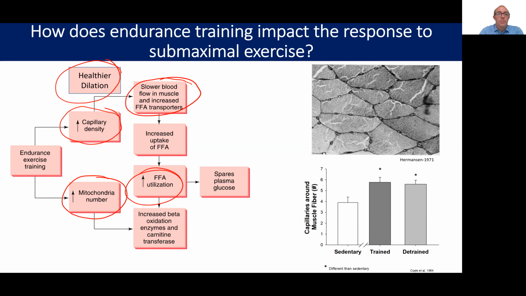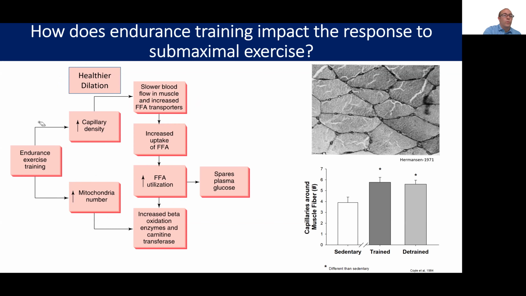So by slowing the blood down in the capillaries, it allows for better fatty acid uptake, better oxygen uptake, and better glucose uptake. All of that is going to result in increased fatty acid utilization, so we can use fats more and be more reliant on those.